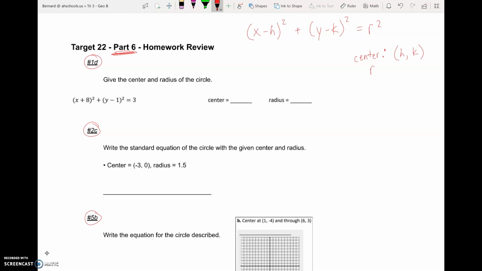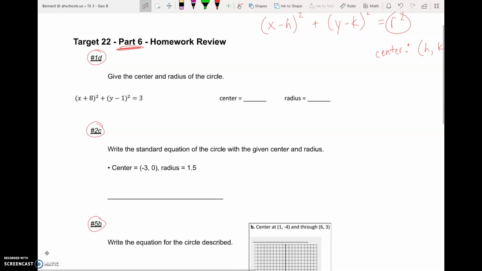And then our radius is the square root of this number, right, because that's r squared. So if we want the radius, we need to take the square root of it since it's being squared. All right, so let's answer these problems then.